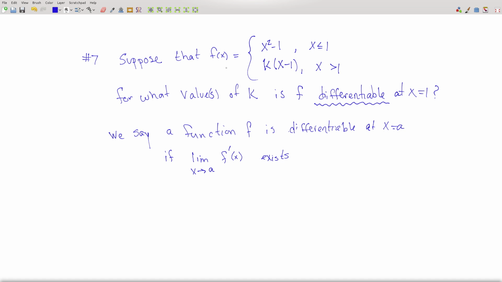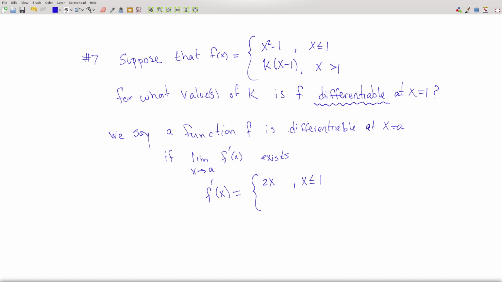So let's find the derivative of f of x. The derivative of f of x here is going to be another piecewise defined function. The derivative of x squared minus 1 is 2x, and this is true whenever x is less than or equal to 1.